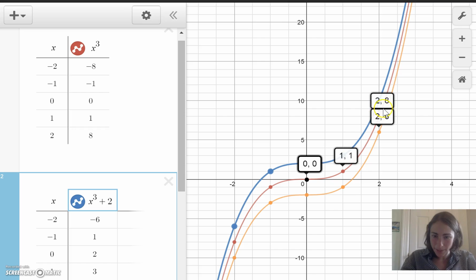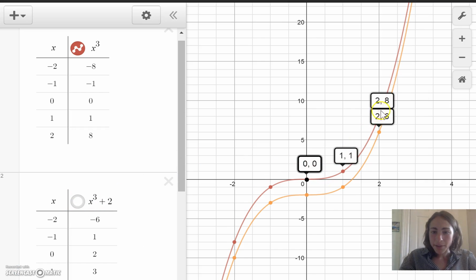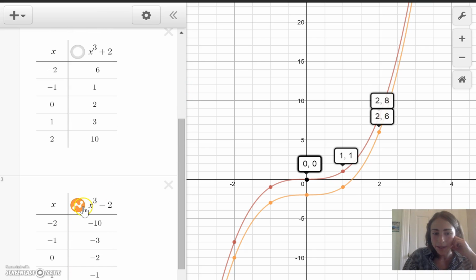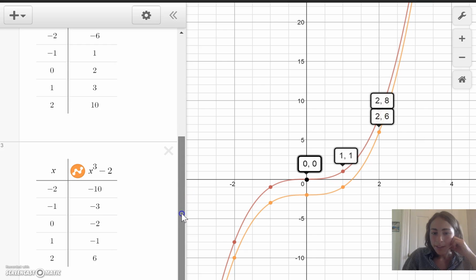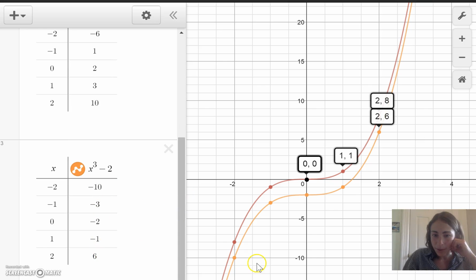Let's remove these blue points now. Actually, let's put the blue graph away. Now, if we want to get a translation downward, we need to subtract that number of units from each y value. So we take the equation, x cubed, and we subtract 2. X cubed minus 2 gives us all of the outputs for the orange graph, all the y values to the orange graph.